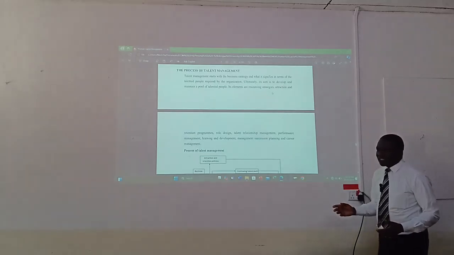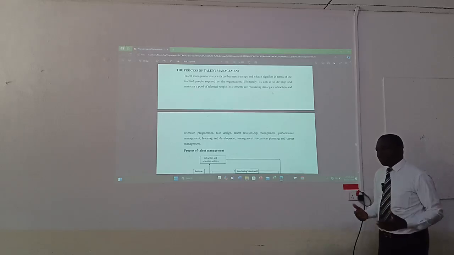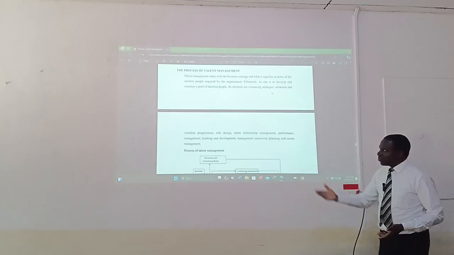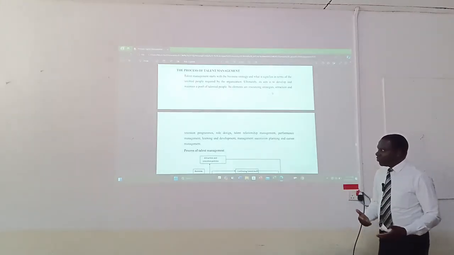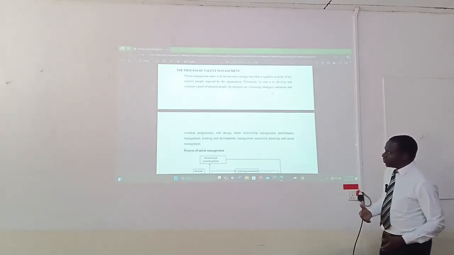Learning and development: after one has done his job, he must go and be refueled, just as you use a car. After using a car for a week or two, you need to refill gas into the car so that it can continue running. So learning and development is a way of refilling gas into someone so that he is energetic and continues.